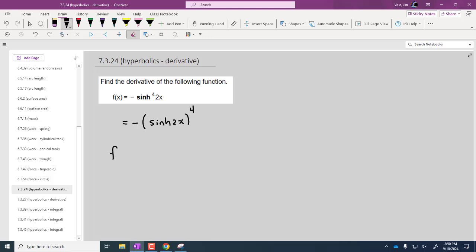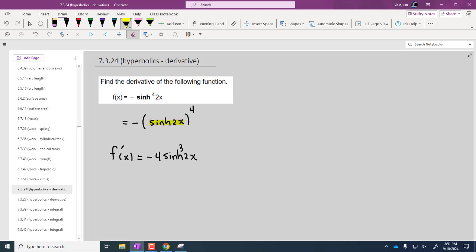And then our derivative, power rule first. So the power comes down. We subtract 1 from the exponent. And I'm going to write it in the shorthand notation now. So that's the first step. And double chain. Double chain.